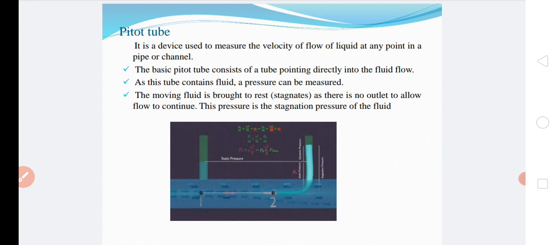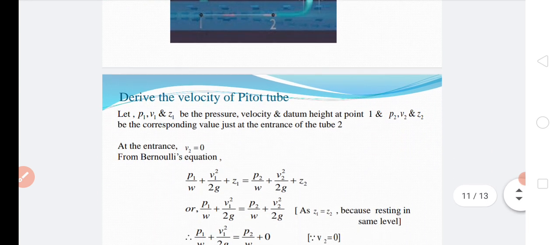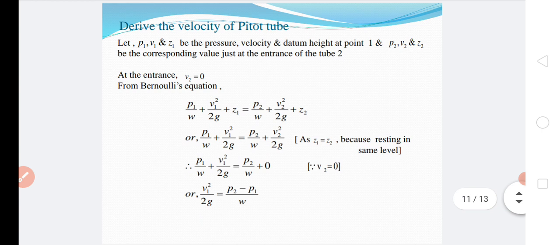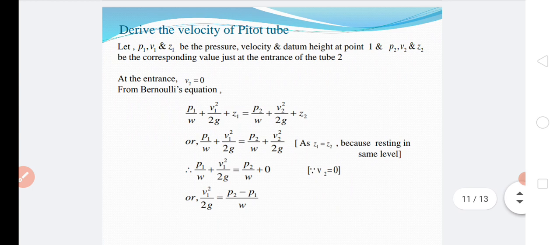To deduce the velocity from the pitot tube, let P1, V1, Z1 be the pressure, velocity and datum height at point 1, and P2, V2 and Z2 be the corresponding values just at the entrance of the tube, point 2. At the entrance V2 equals 0.